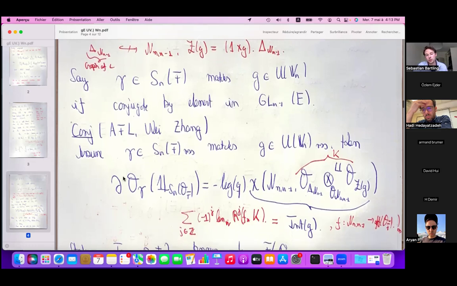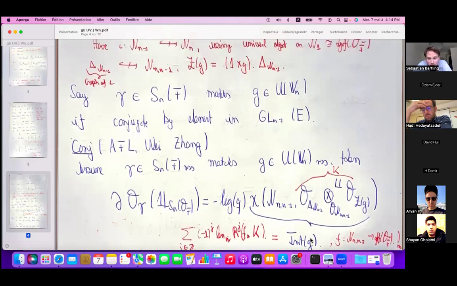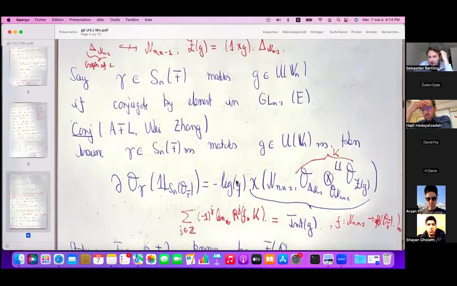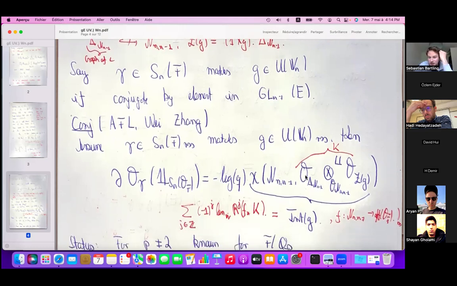On the one side, we have the value of the derivative of the orbital integral that I introduced in the beginning. And on the other side, we have the intersection number of the graph of this embedding together with the cycle that I constructed using this element G. Technically, it's the Euler-Poincaré characteristic of this perfect complex.